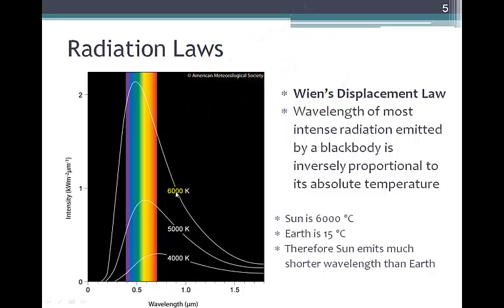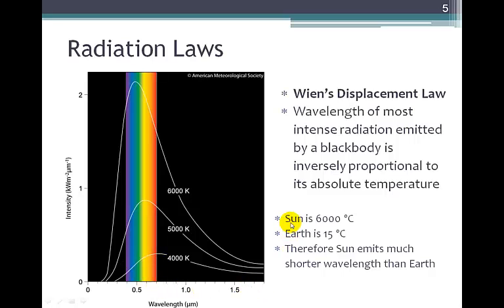So the hotter the object, we see by this curve here, the shorter the wavelength of maximum emission. And vice versa, the cooler the object, the longer the wavelength of maximum emission.